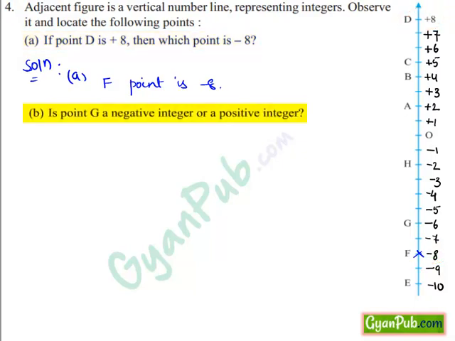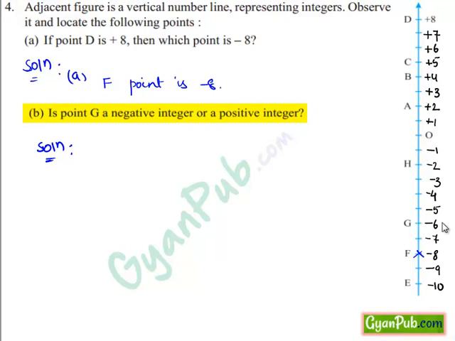Coming to the B bit, is point G a negative integer or a positive integer? Let's do the solution. To find out whether point G is a negative or a positive integer, we will find whether G is above 0 or below 0.